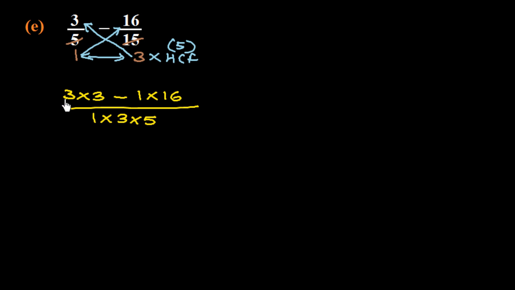Now we simplify this. 3 3s are 9, 1 16 is 16, and it is 15 in the denominator. So we get here minus 7 over 15.